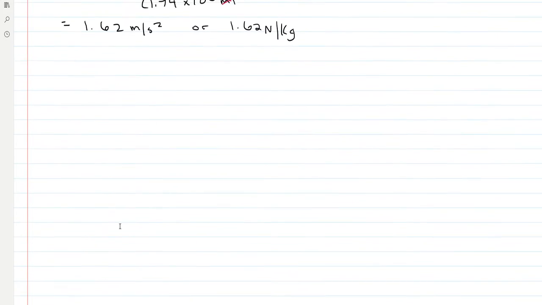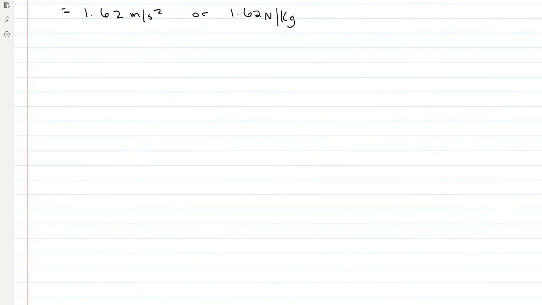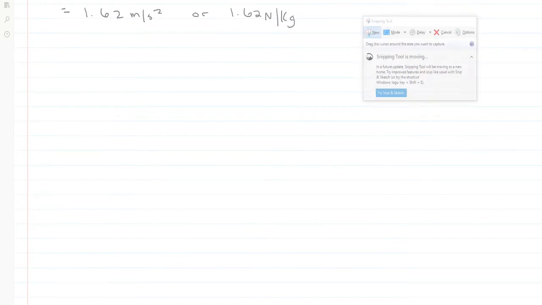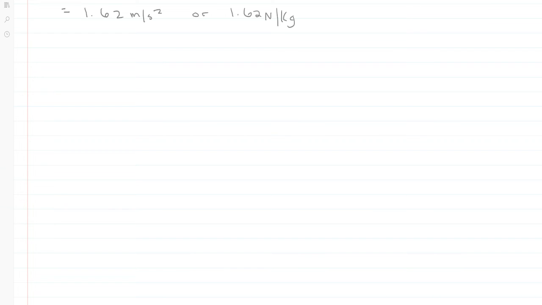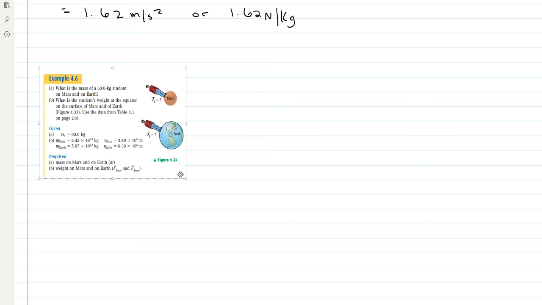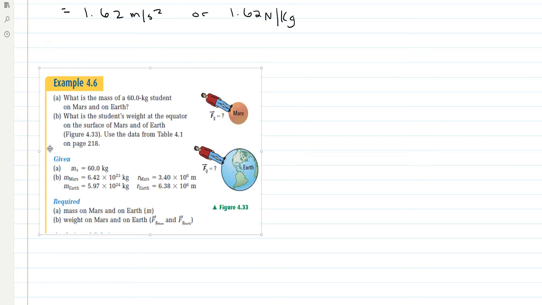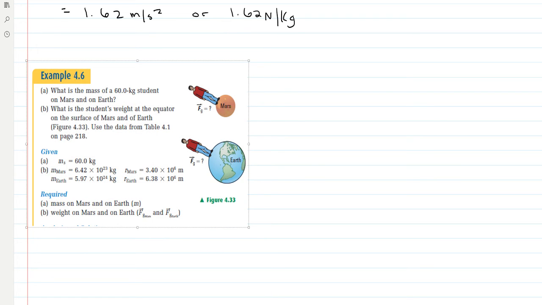Then I want to go over another example here with you guys. It is 4.6 on the following page. This one asks, what is the mass of a 60 kilogram student on Mars and Earth? What is the student's weight at the equator on the surface of Mars and Earth? Use the data.